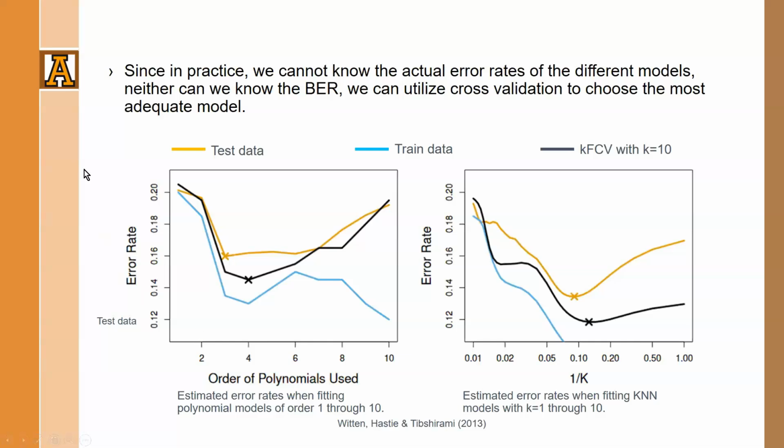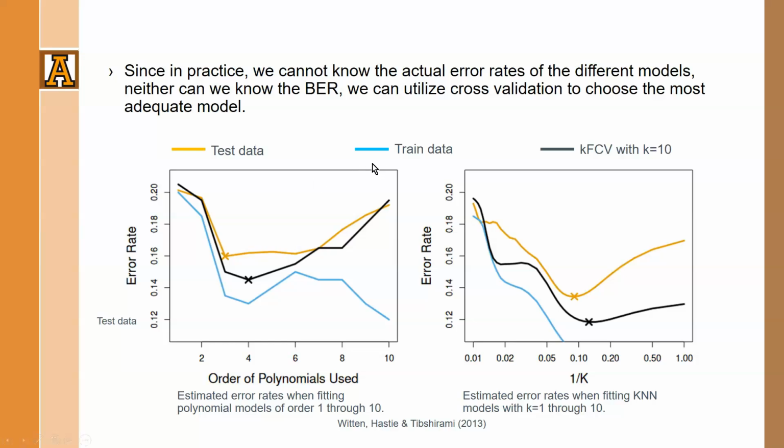This is what happens with the error rate. Here's the order of the polynomial used. It's the same simulated data, generated from a logistic regression model. The yellow line represents the test data, so that's the error rate using the test data to evaluate the model.